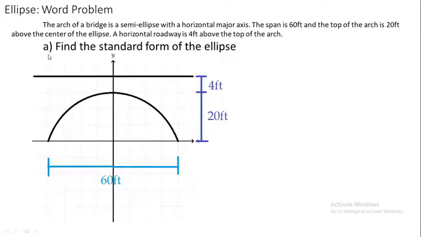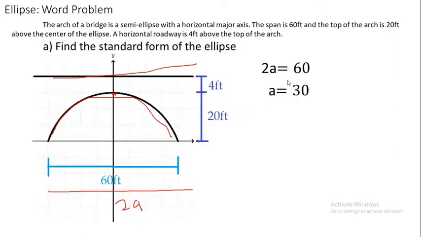First, let us find the standard form of the ellipse. This problem can be illustrated by an arch and a roadway 4 feet above the very top of the arch. The span is 60 feet, which means this one is 2a. We needed to find a.